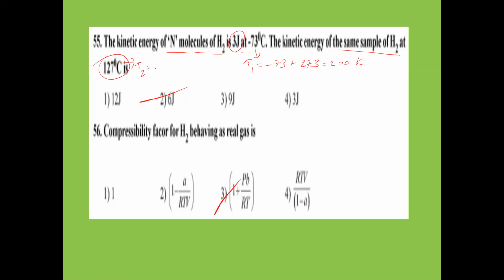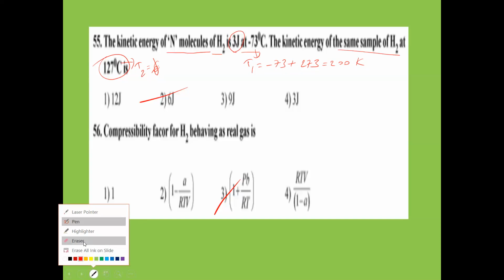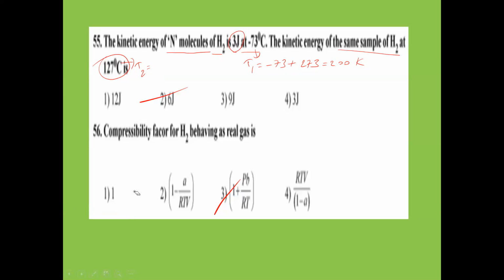What is T2 given here? 127 plus 273, so it is 400 Kelvin. T2 is 400 Kelvin and T1 is 200 Kelvin.